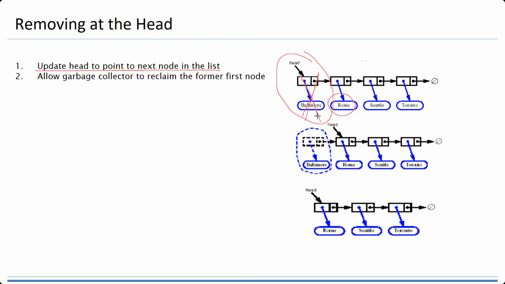Just remove this one and then move the head to the next node, because we have the connection, the next link will be this node. So this allows the garbage collector to reclaim the former first node. Because I know that this is the former first node, it returns back to this node for the new head.